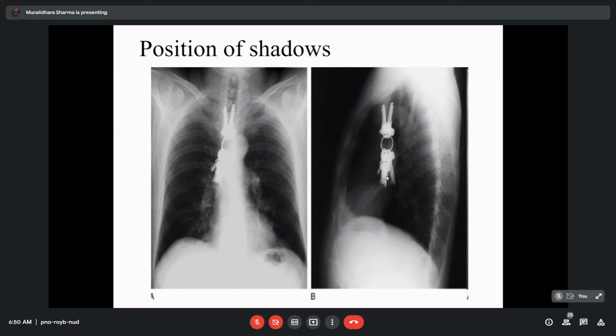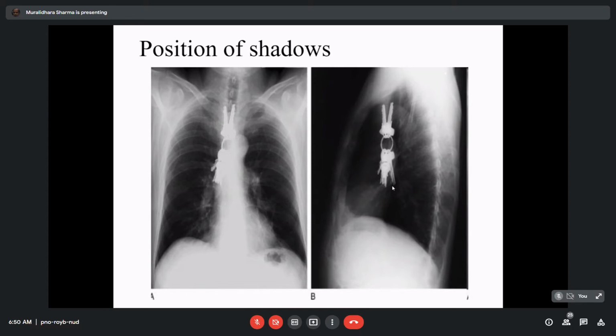So many times these images can be misleading. If somebody says that this key chain is in the esophagus, you cannot just say that he is absolutely wrong. But if you know the real situation and use common sense, if a key chain is swallowed, it cannot have this kind of a position where two keys are above and two keys are below.